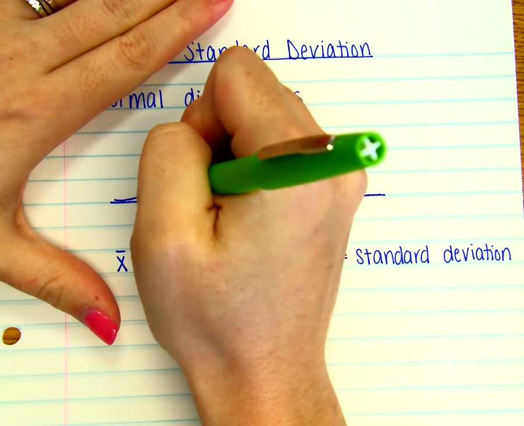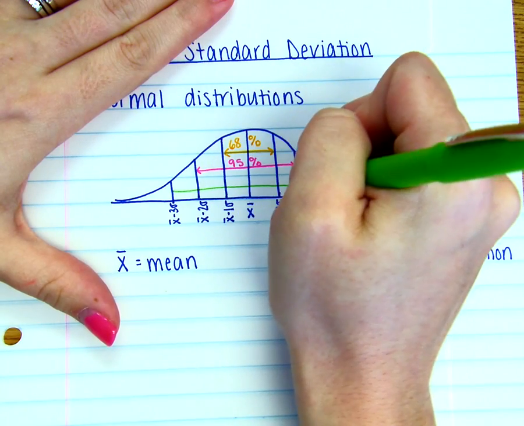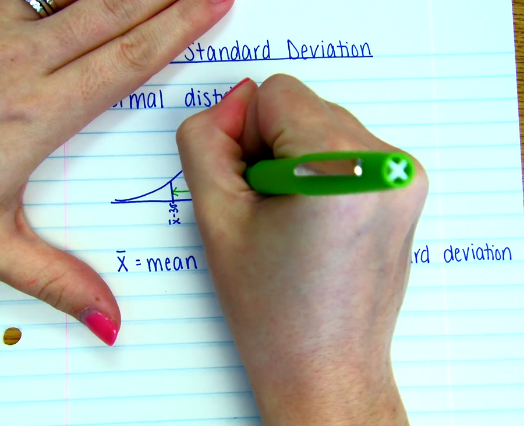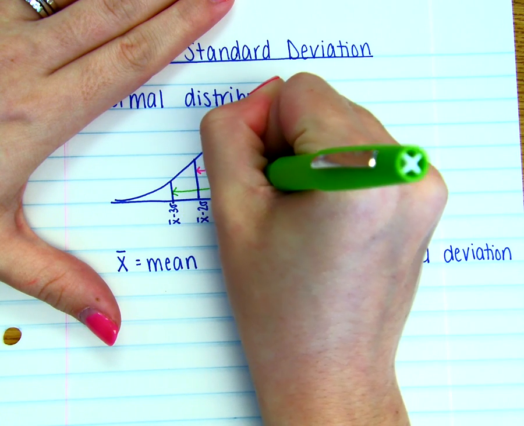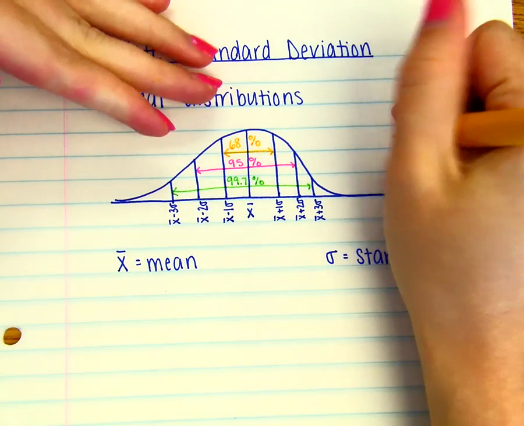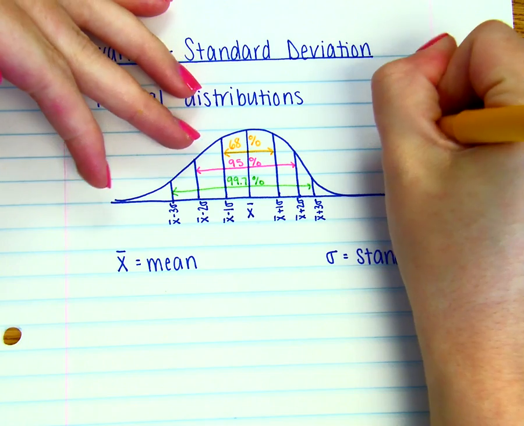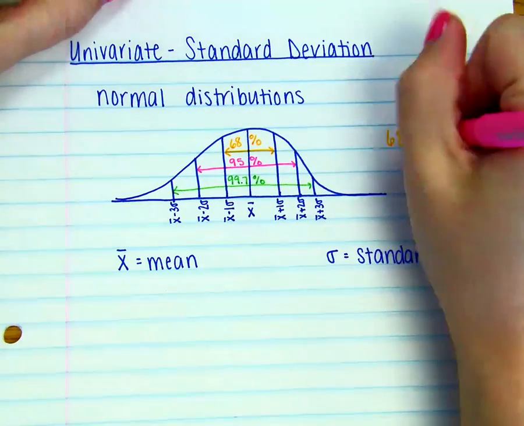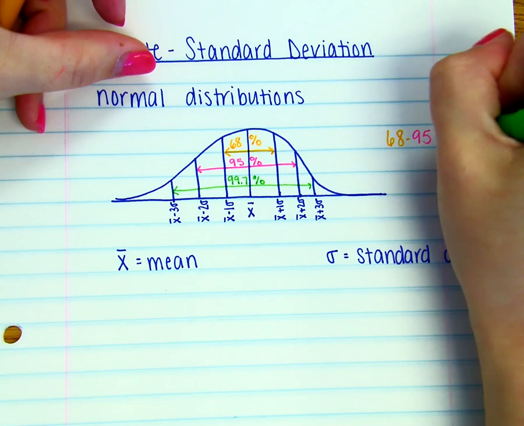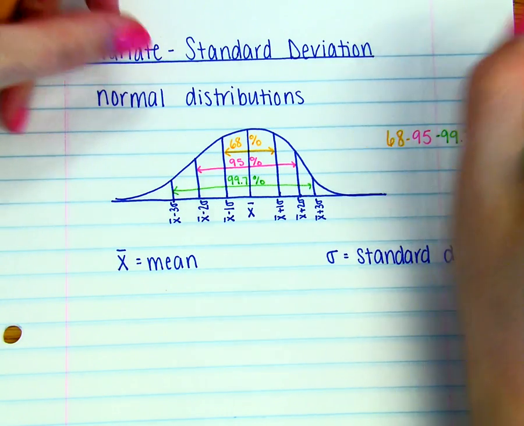And then 3 standard deviations, 68, 95, this one's 99.7% of the data. These 3 numbers, the 68, 95, 99.7, are known as the 68, 95, 99.7 rule.